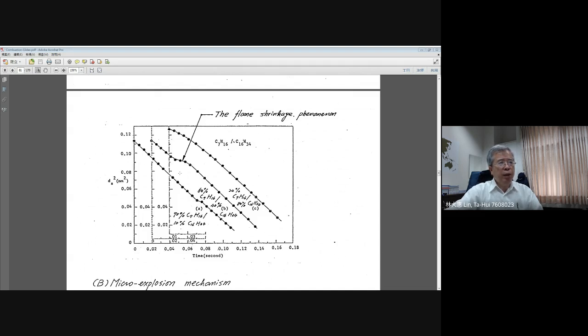Basically, in this period, the burning of this multi-component droplet is controlled by C7. But there is some kind of change occurring here. Initially you have a larger gradient of d squared, where k represents the gasification constant, so it is stronger.